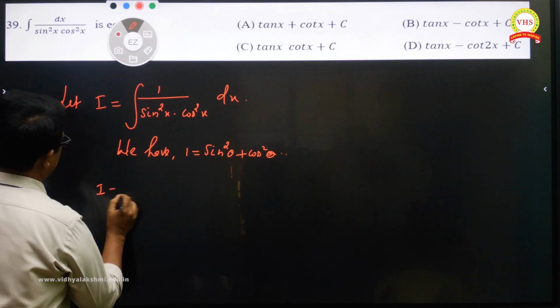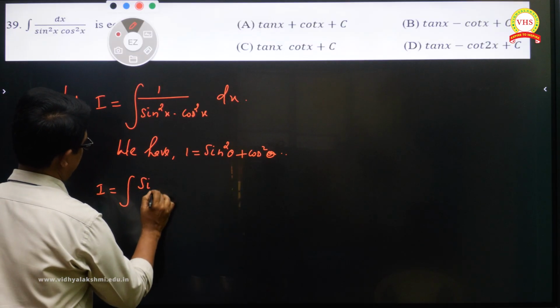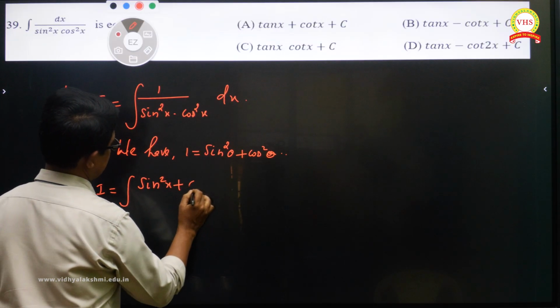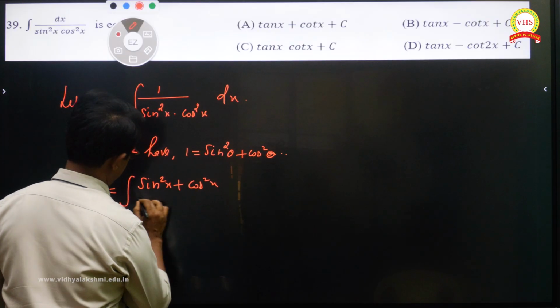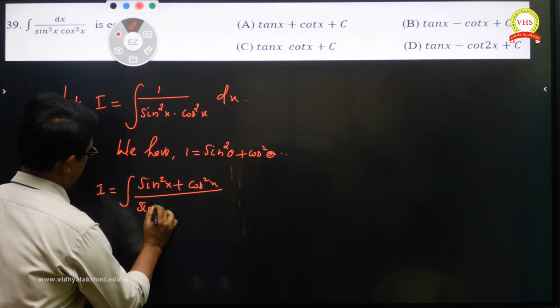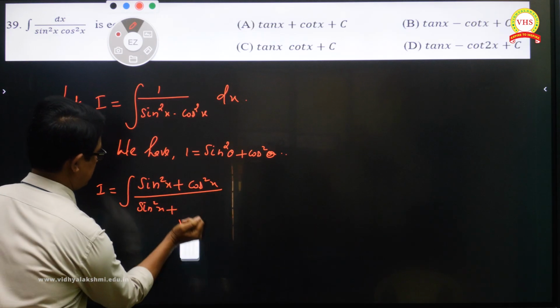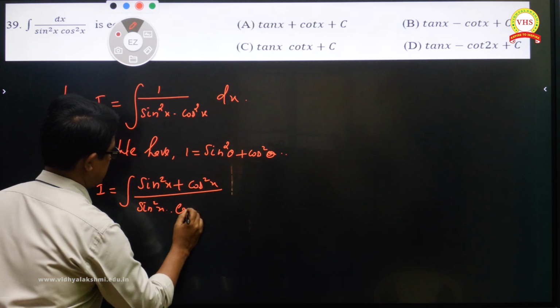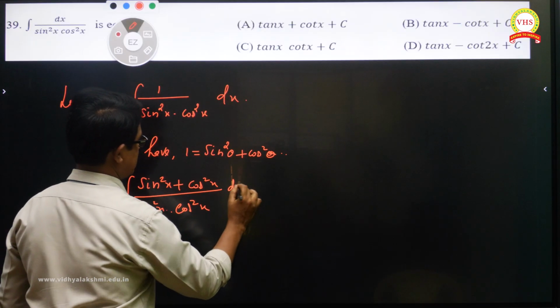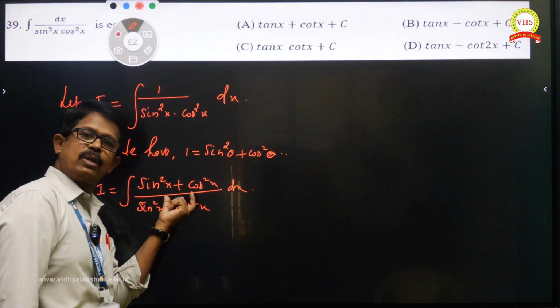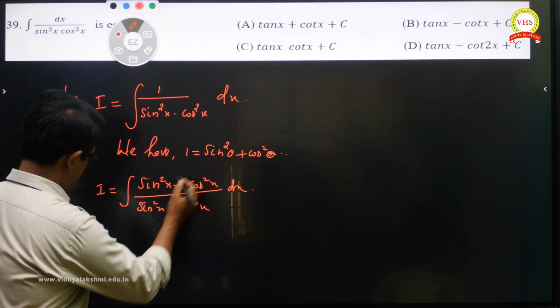I equals the integral of (sin square x plus cos square x) divided by (sin square x into cos square x) dx. Now look, the numerator has 2 terms and the denominator a single term, so it is easy to do.